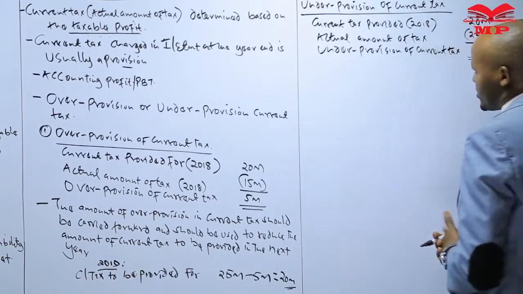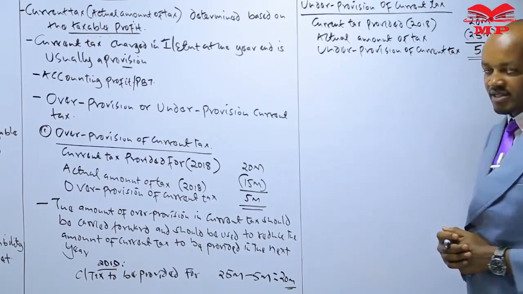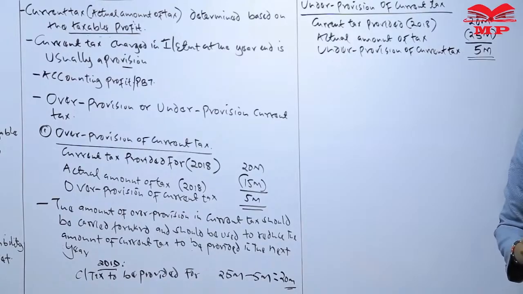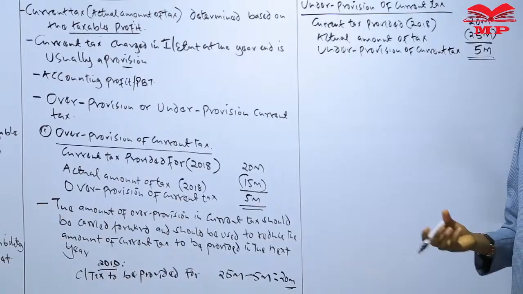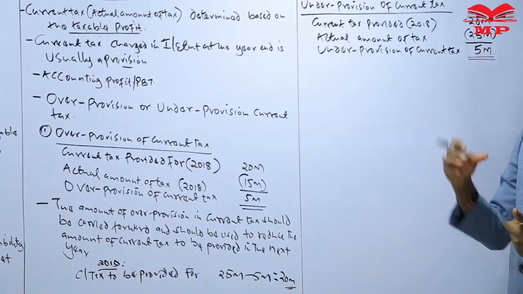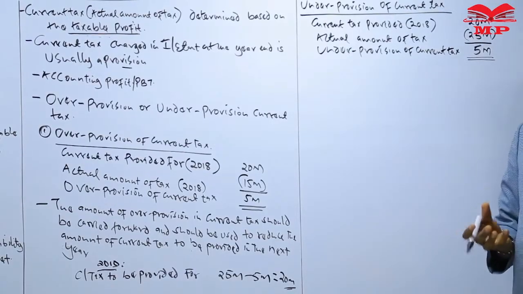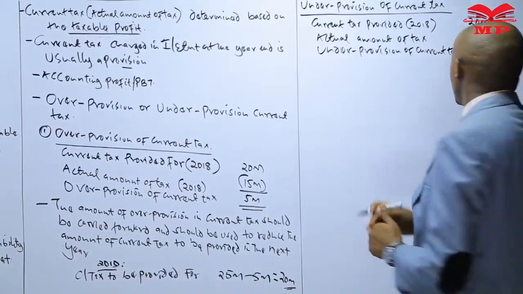Now, this other provision of current tax, just like over provision, is supposed to be carried forward to the next financial year, and it should be added to the amount of tax which will be provided for in the year 2019.